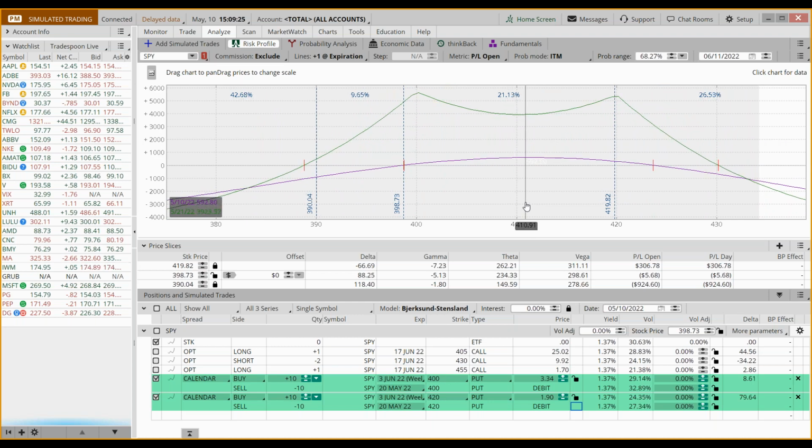Some people will call this a double diagonal, but you'll notice it's basically if it stays somewhere between 390 and 430, I'm going to be fine. I'll be able to see what's going on with it. I've got plenty of width. I mean, 390 to 430, that's 40 points. That's 10% on the index.